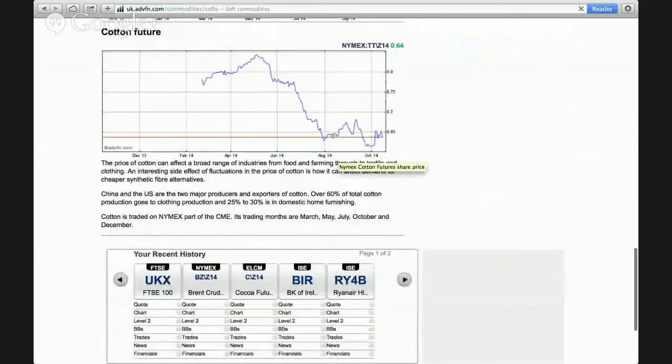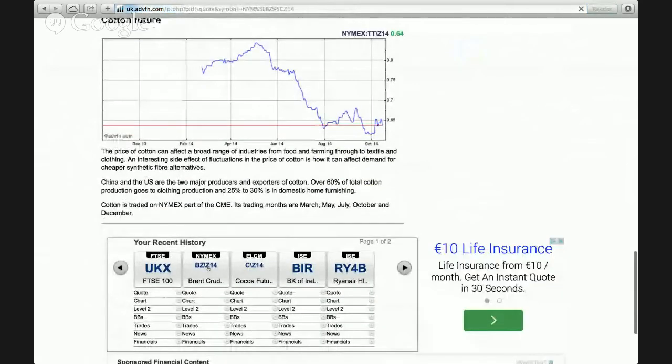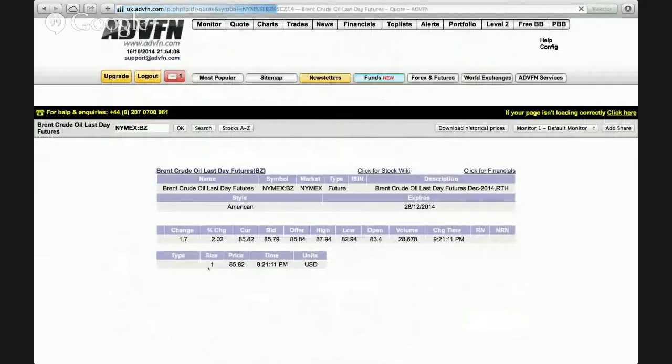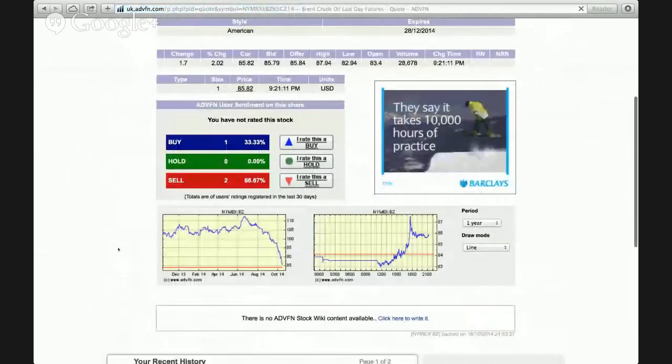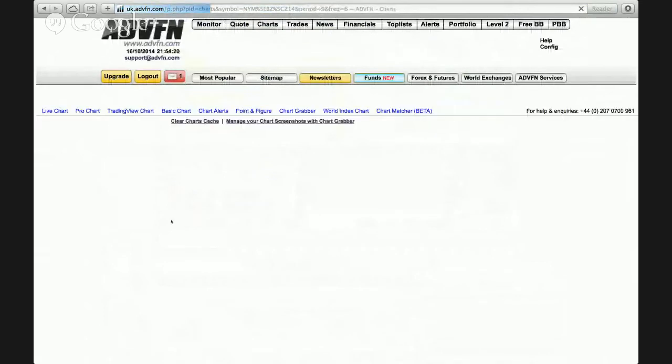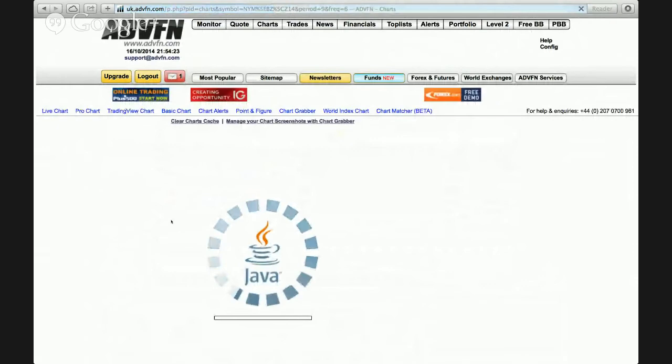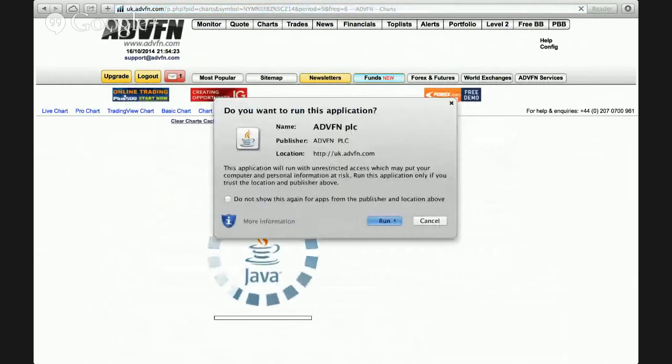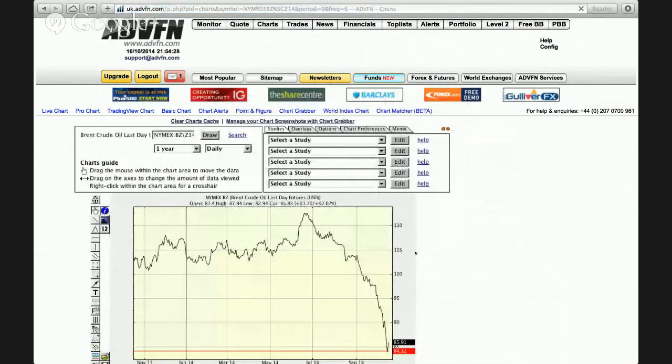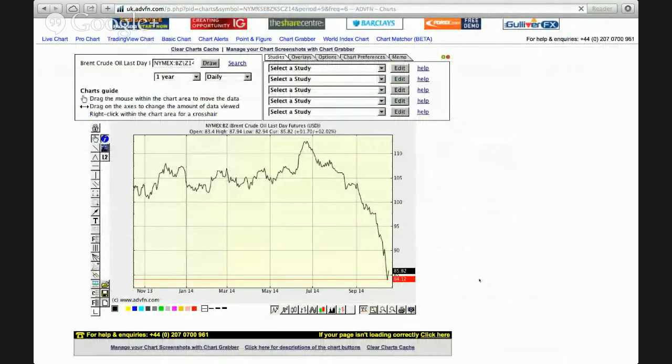Okay, I might have a look at some crude oil. Again, crude oil seems to be having a bit of a difficult time in terms of its price action.